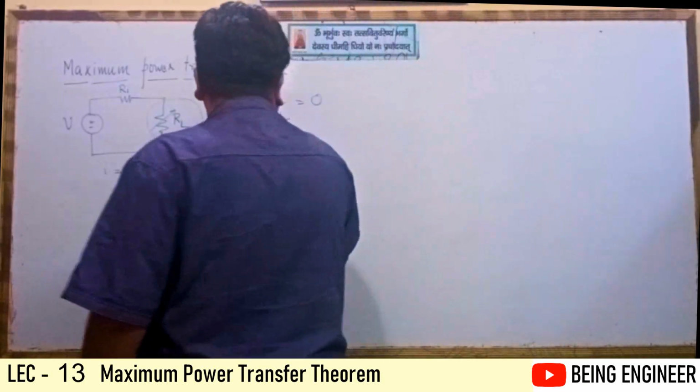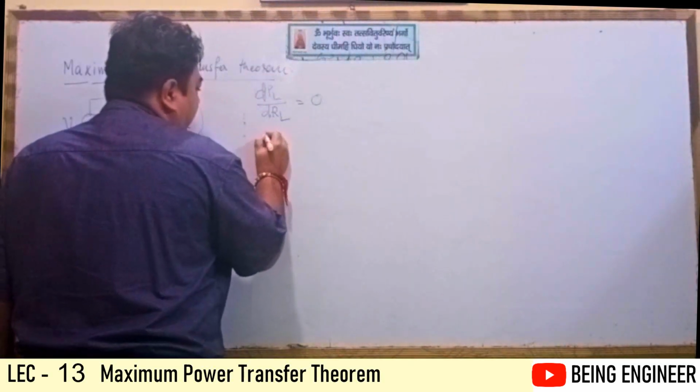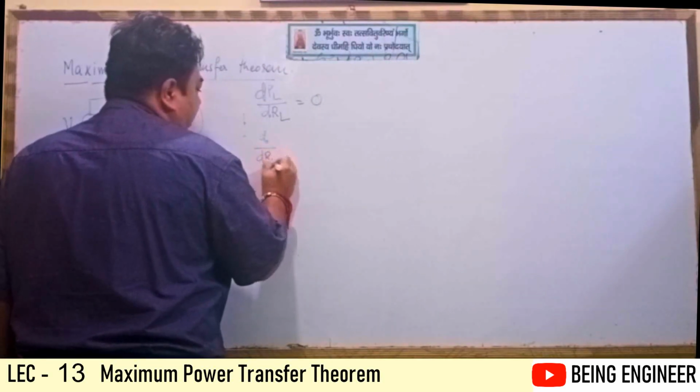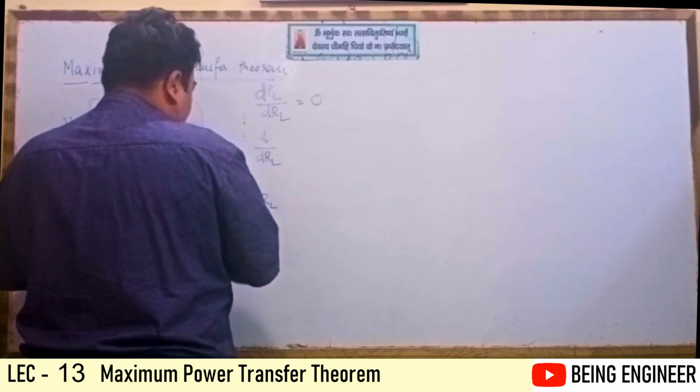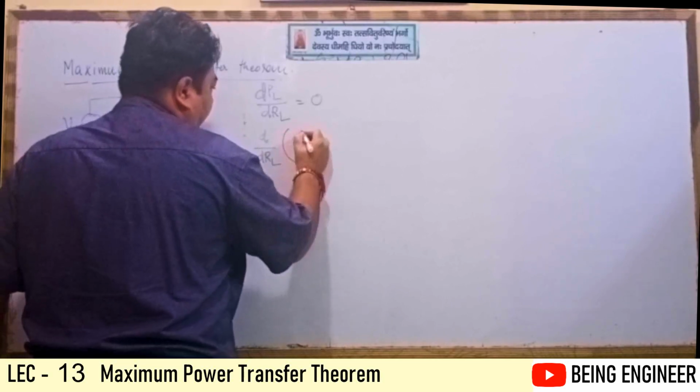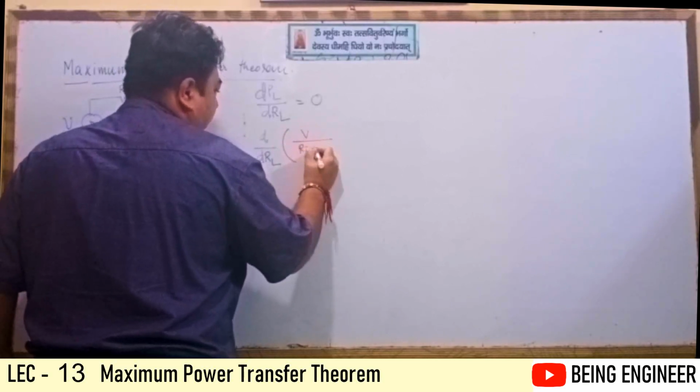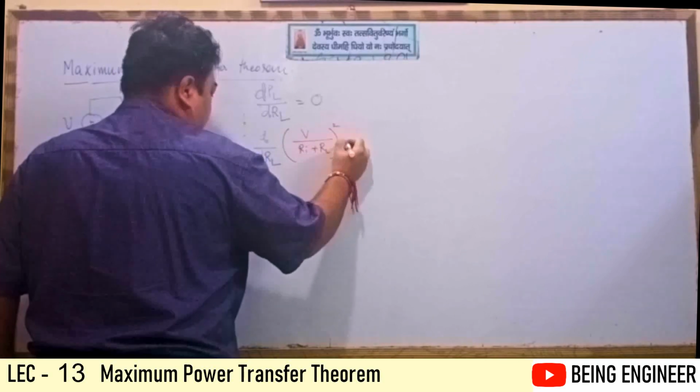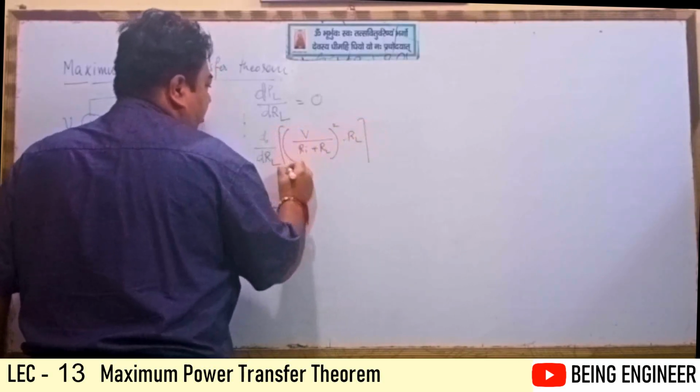So if I solve this, I will get d upon dRL of V divided by Ri plus RL whole square into RL, and this should be equated to 0.